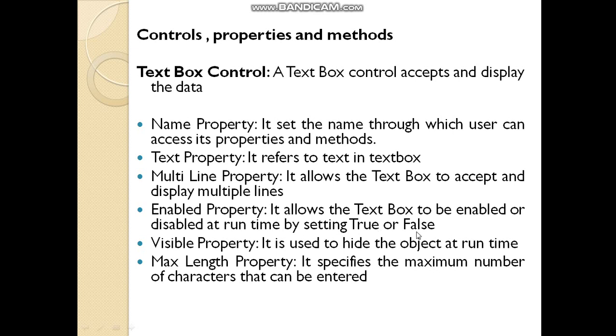If you make it false, the text box is disabled. Disabled means it doesn't respond to the user action. When the enabled property is set to true, only then does it respond to the user action. Otherwise, if any control's enabled property is set to false, it doesn't respond to the user action.